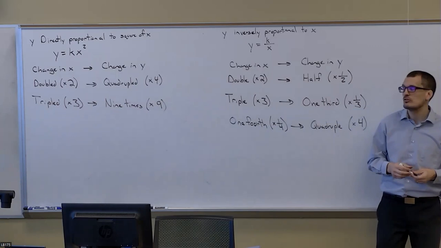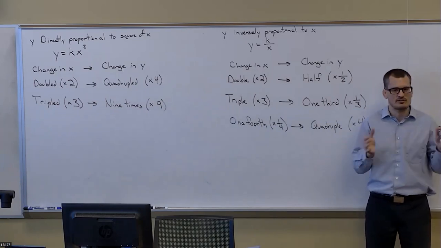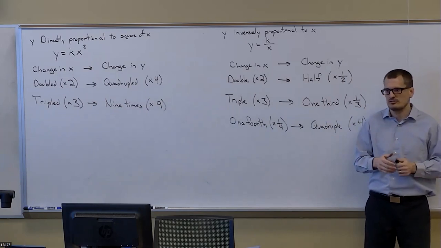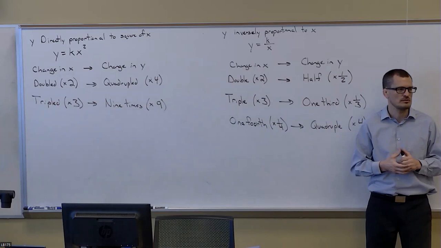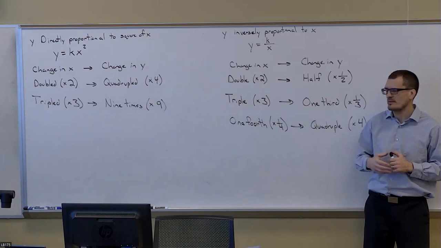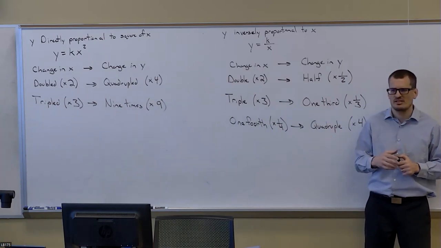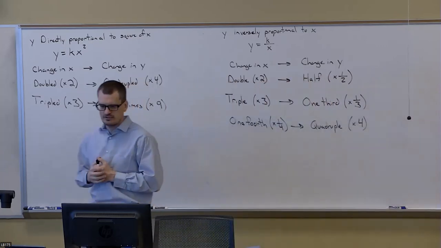And if you threw in a square root of x, then doubling would be a factor of square root of 2, and tripling would be a factor of square root of 3 change in the corresponding variable. That makes sense? So again, that's where the corresponding change comes from.